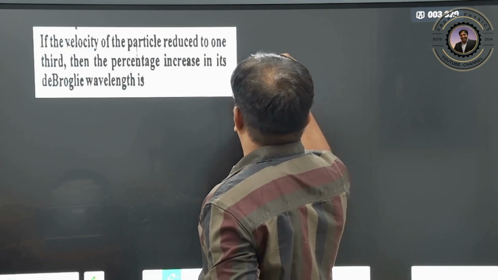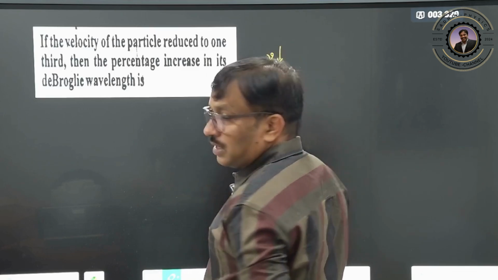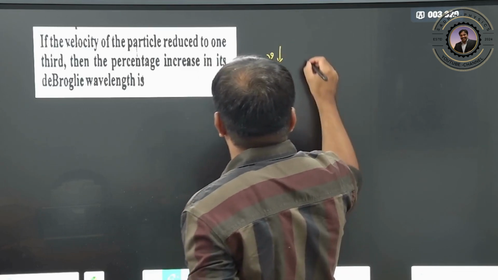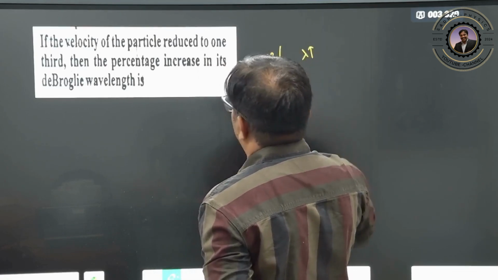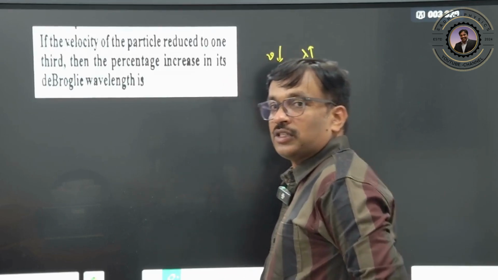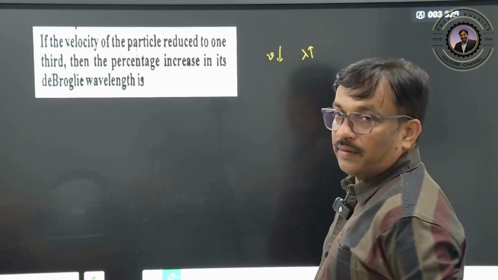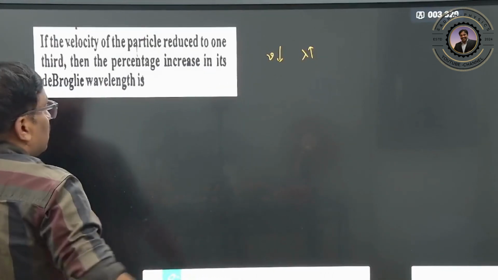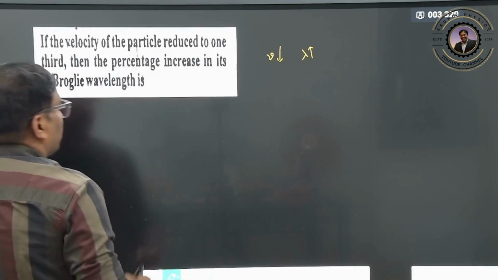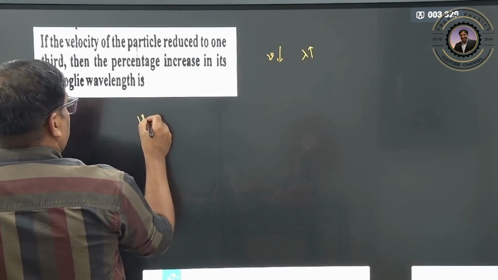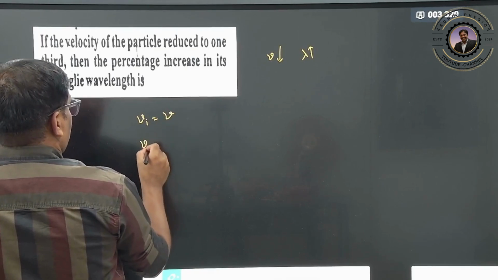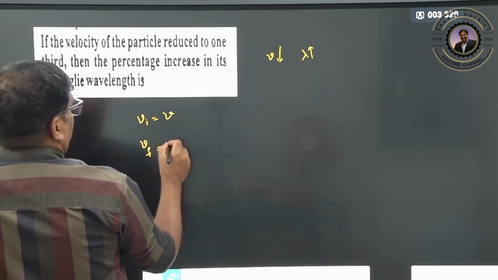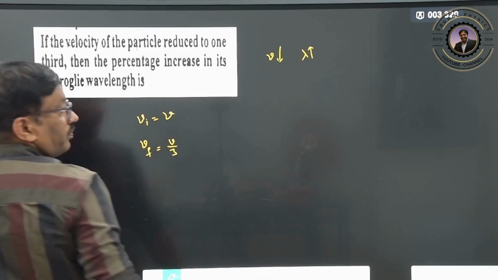That means velocity is decreasing. Velocity decreasing means definitely the de Broglie wavelength will be increased. Clear? So, therefore, you can calculate the percentage increase in the de Broglie wavelength. Initial velocity is how much now? It is V. Final velocity is how much now? 1/3, which means V by 3.